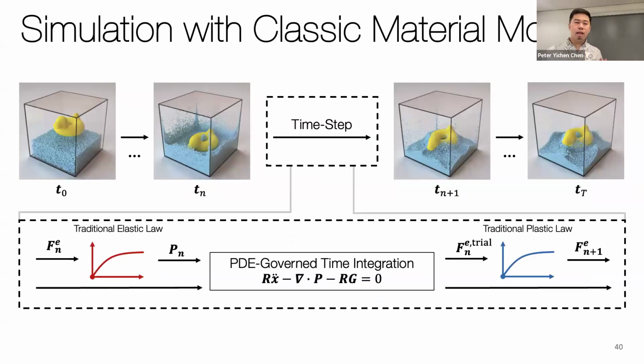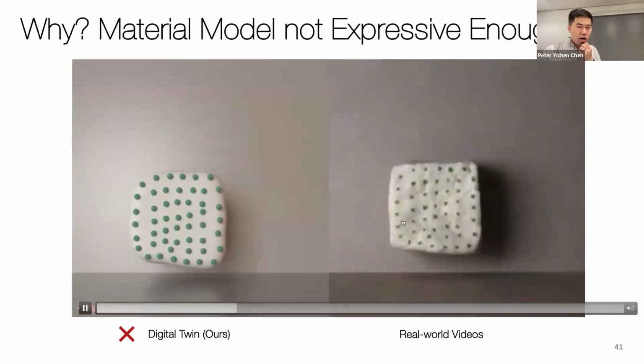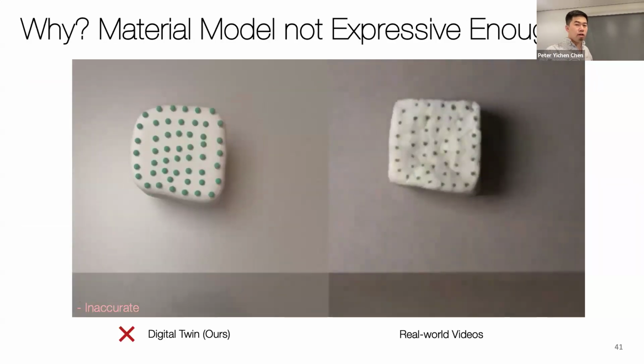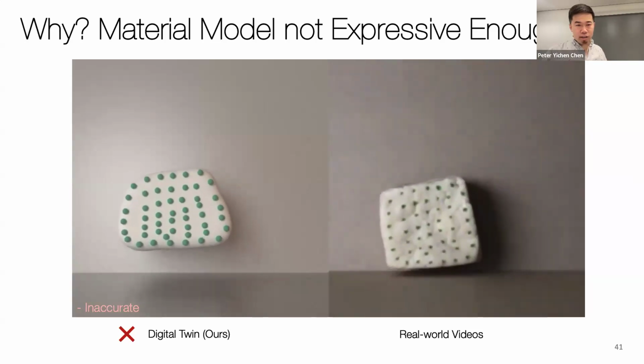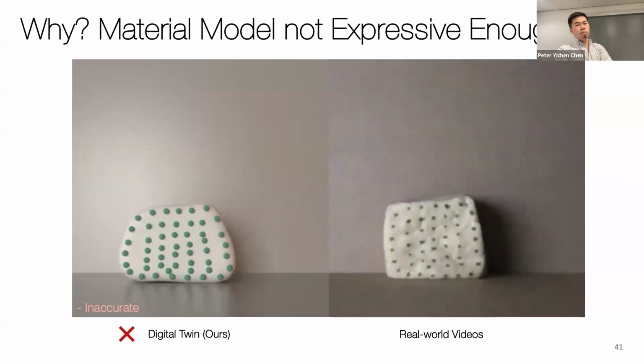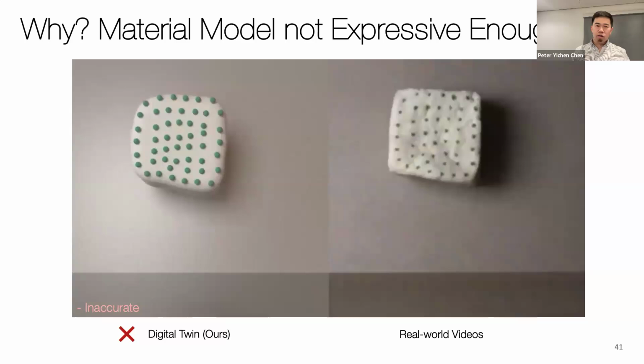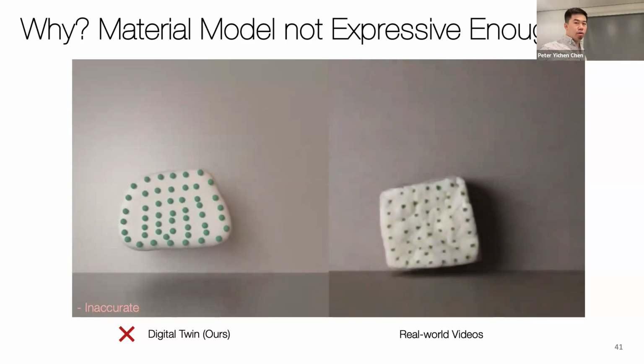But the problem is that these traditional models are part of your numerical solver, in this time stepping scheme, this differentiable physics part. Some of these material models are just not expressive enough. So even though we can have an LLM help us pick the one that is best for the scenario, it's still possible that it doesn't fit the data very well.